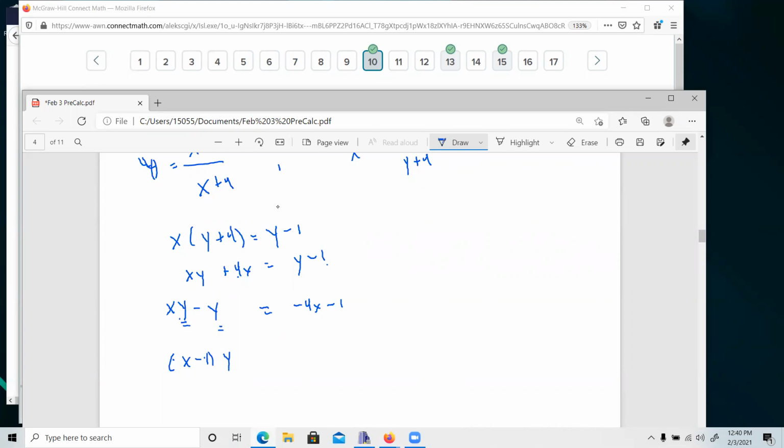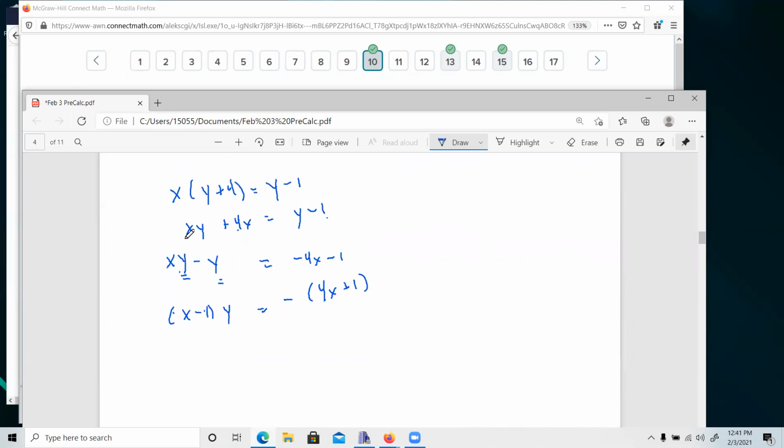And that is equal to negative, and I'm going to go ahead and write it this way. And then at the end, we've got y equals (4x plus 1) over (x minus 1). All right, and that's how you put these things together.